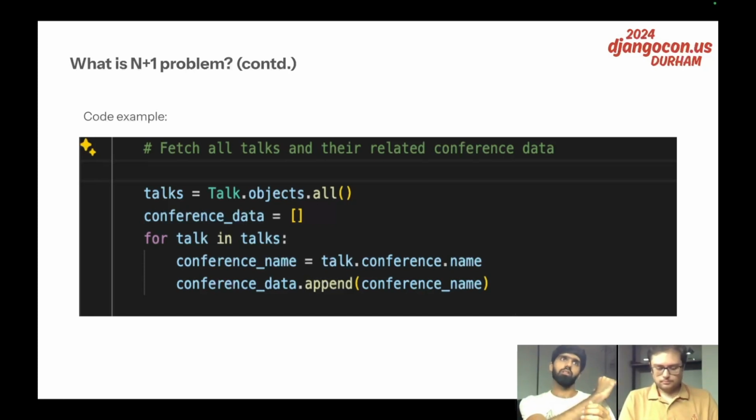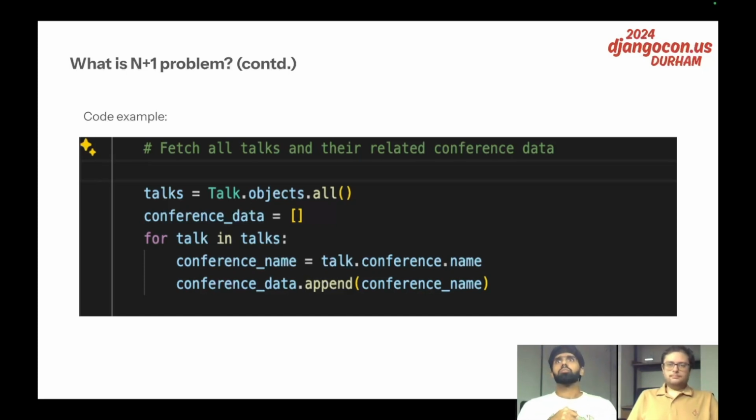First we fetch all the talks, and then we fetch each talk's conference. From the outset, this looks like simple code that gets the job done, but deep inside lies our N+1 problem.